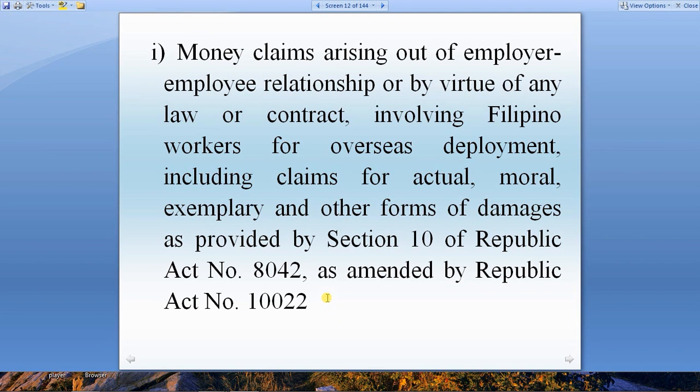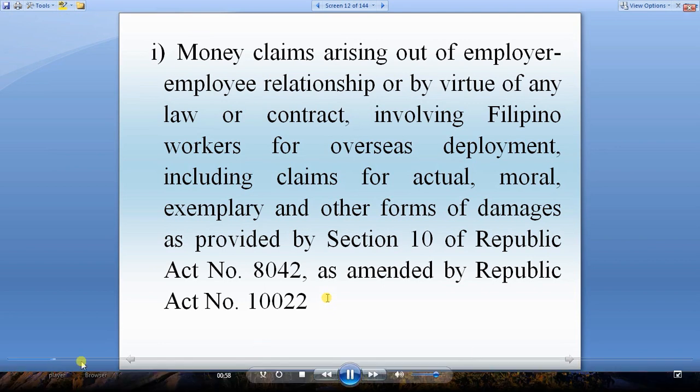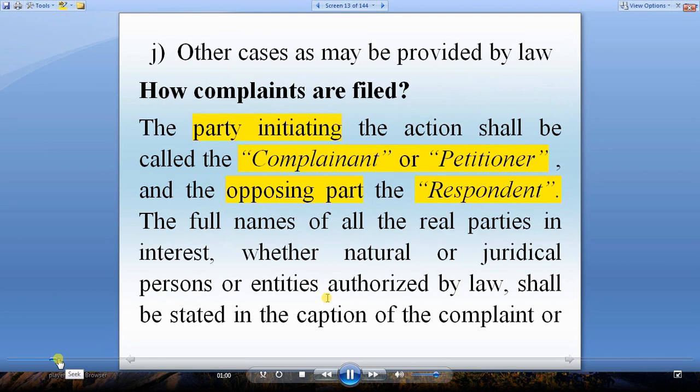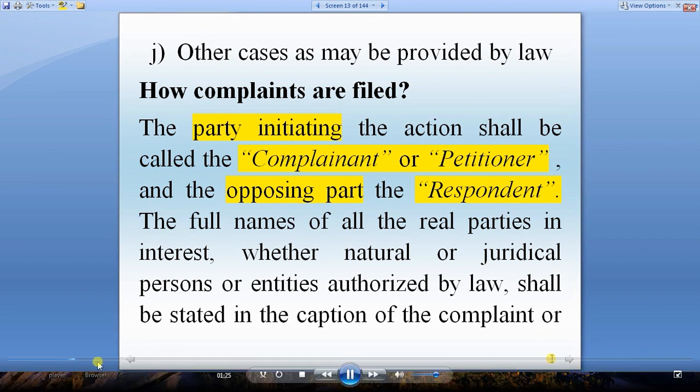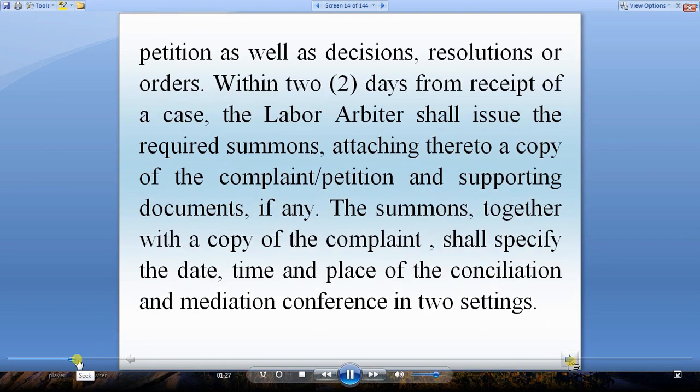Now, if you'll ask how complaints are filed, the party initiating the action is called complainant or petitioner, and the opposing party is the respondent. The full names of all the real parties in interest, whether natural or juridical persons or entities authorized by law, shall be stated in the caption of the complaint or petition, as well as decisions, resolutions, or orders.